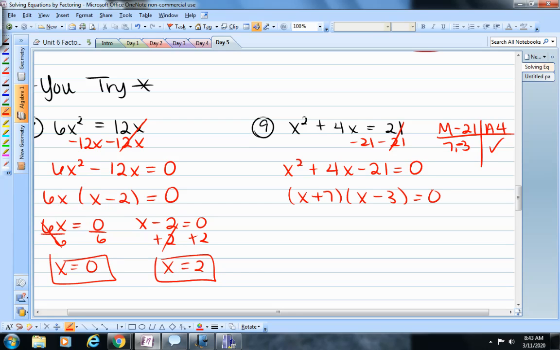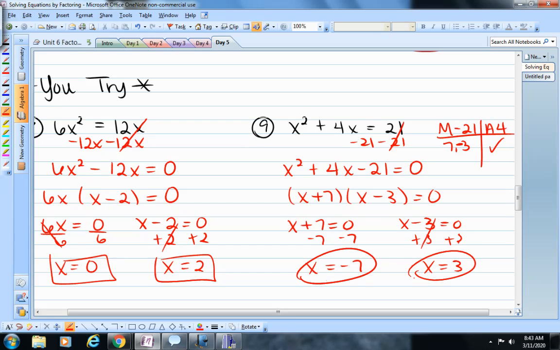Then what? So one of them is x plus 7 equals 0, and one is x minus 3 equals 0. You do the do. And then you add the 3. Raise your hand if you got negative 7 and positive 3 for your solutions. Any questions? Negative 7 and positive 3.